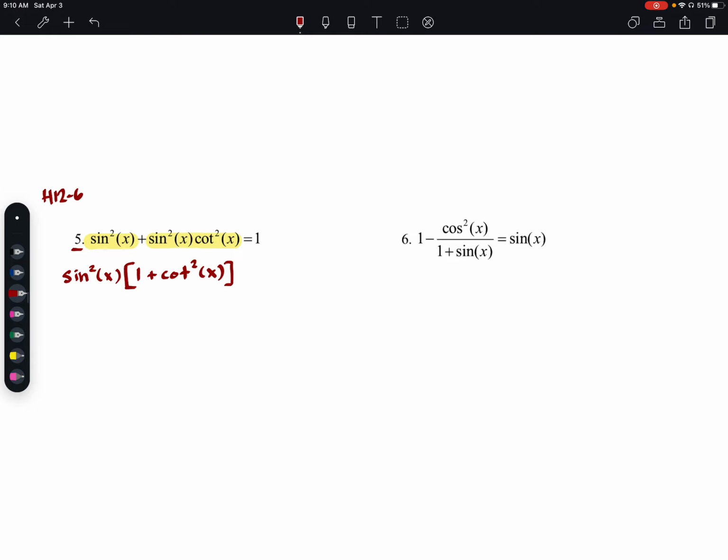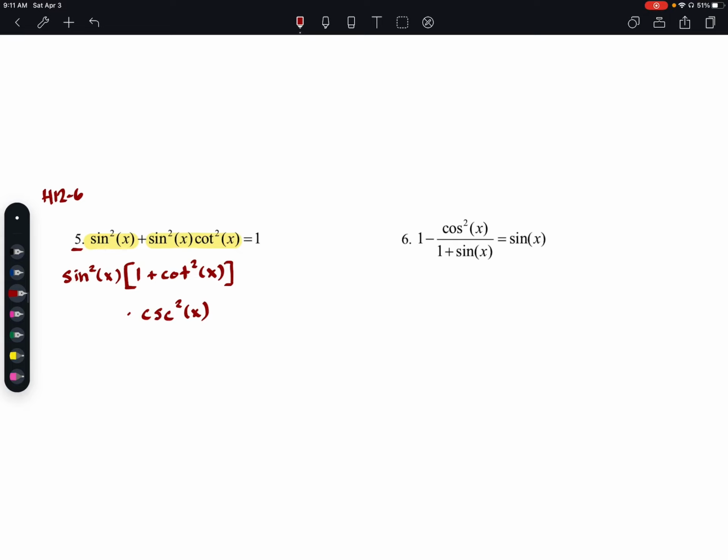Okay, so that's one technique. And if you think about that, 1 plus the cotangent squared, because it's squared, we know that we can look for a Pythagorean identity. So for that one, we could say here that 1 plus cotangent of x squared is going to be the same thing as the cosecant of x squared.